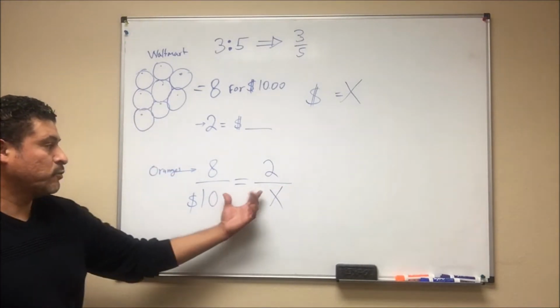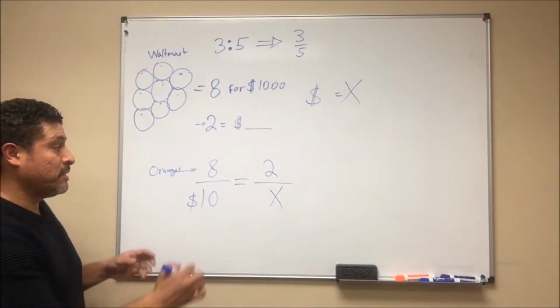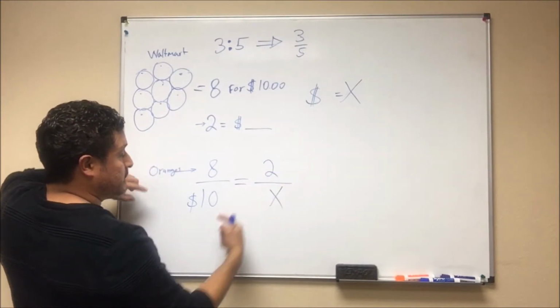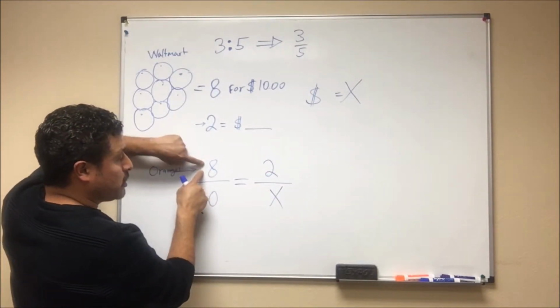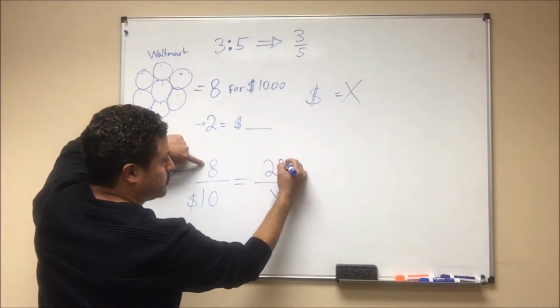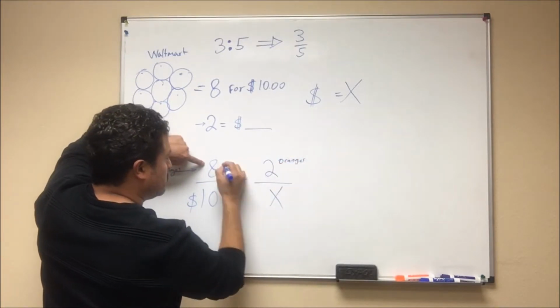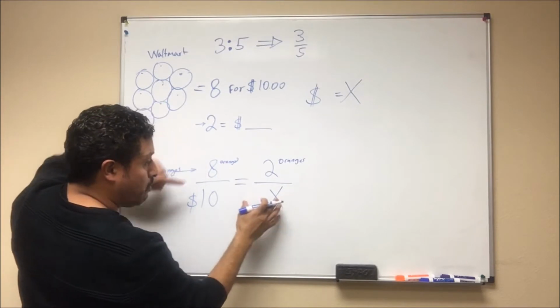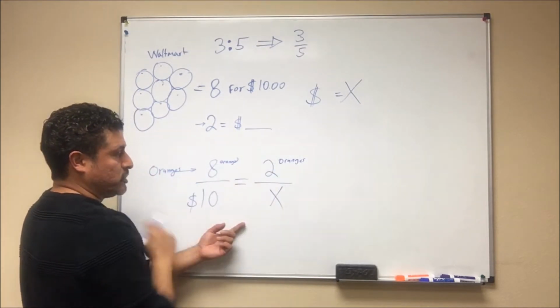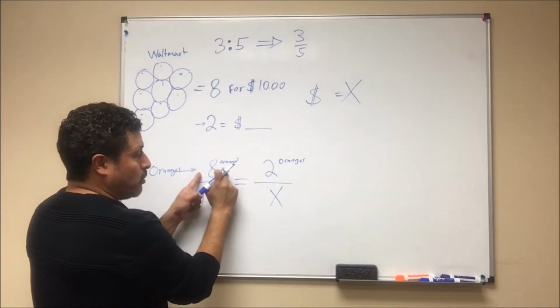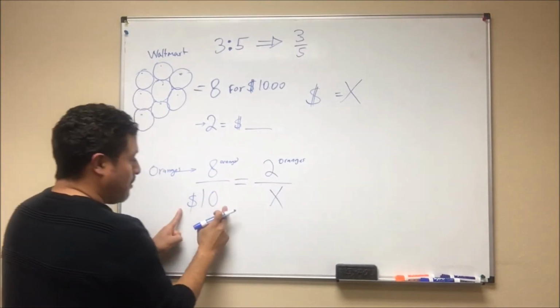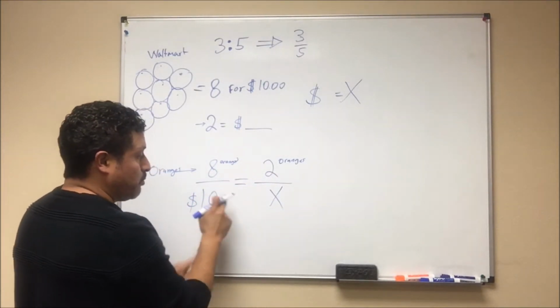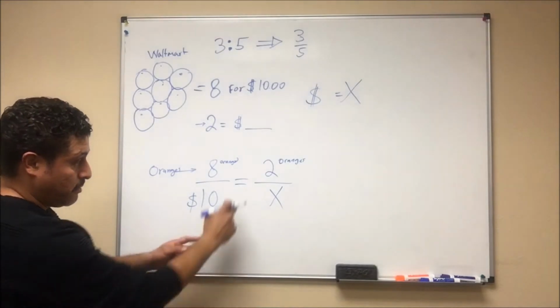And now, when you have 2 ratios like that, you gotta make sure that you're consistent. If you're gonna put oranges on top, you gotta make sure that these are oranges. Don't mix money with oranges. You have to keep it consistent. Oranges with oranges, money with money, and you gotta put an equal sign in the middle.